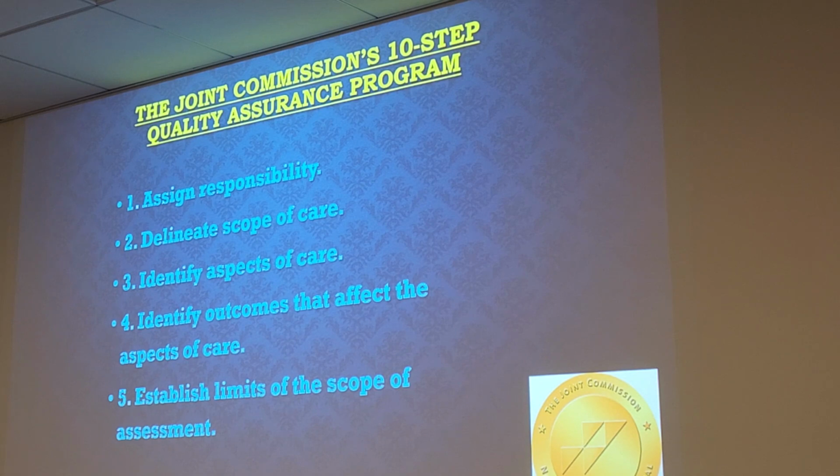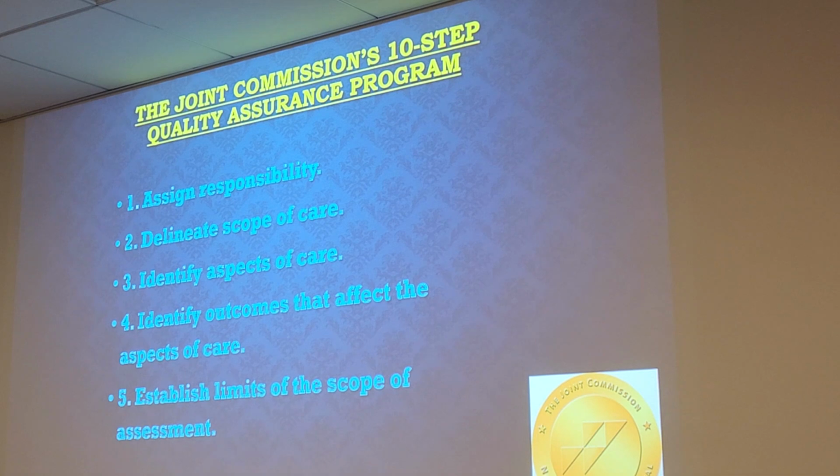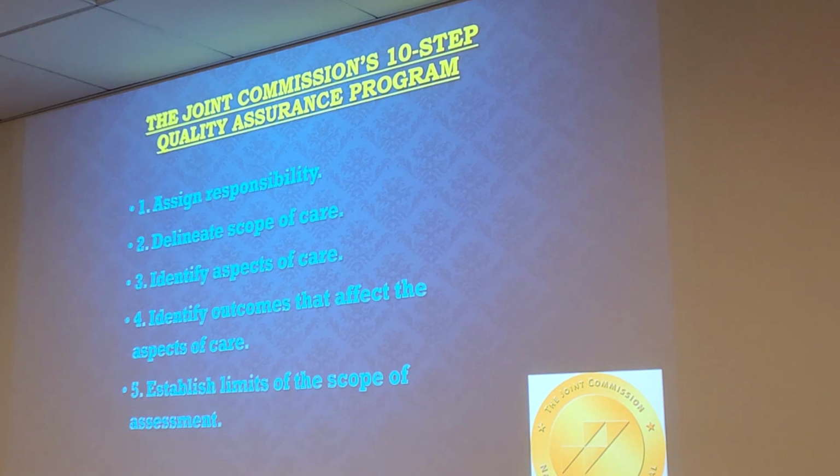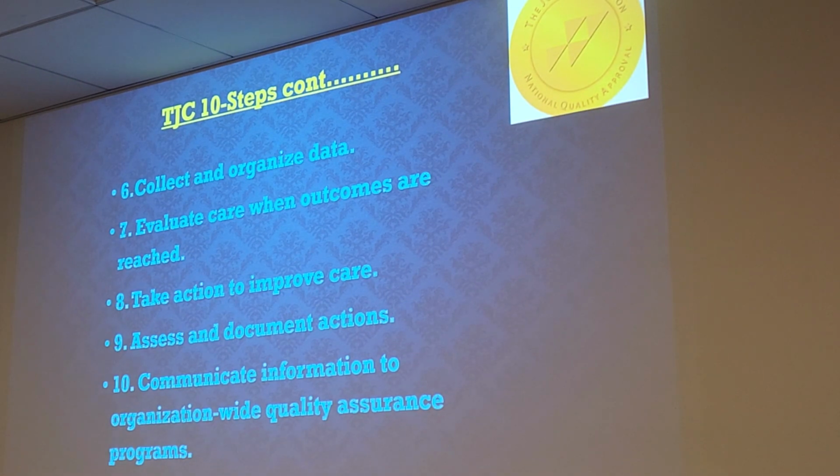Second, delineate a scope of care. You want to identify aspects of care, identify outcomes that affect aspects of care, establish limits of the scope of assessment, collect and organize data, evaluate care and outcomes, take action to improve care, assess and document actions, and communicate information across all departments.